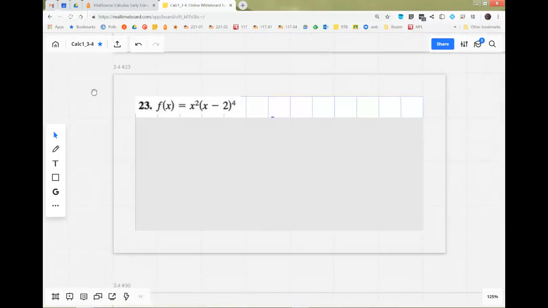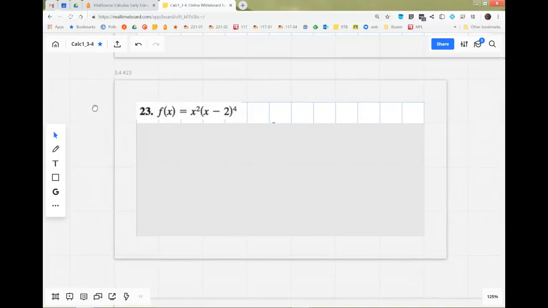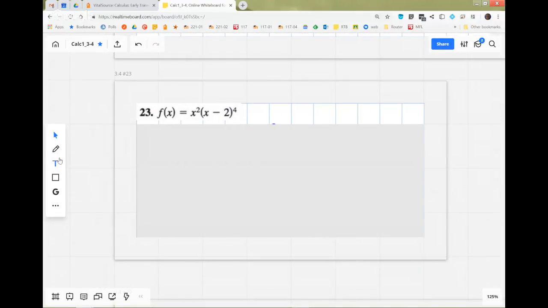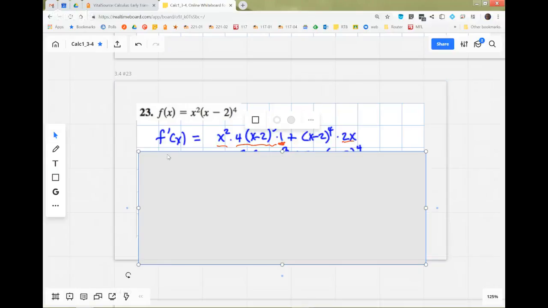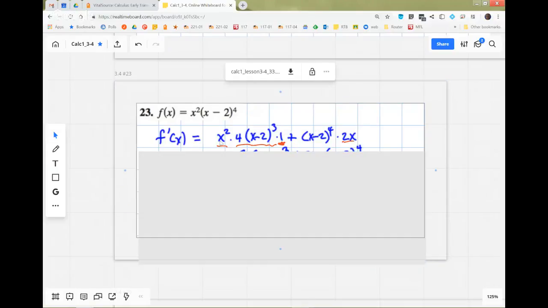Number 23. Overall, what's the outside rule you would use here? Product rule? Yep, product rule, because we have x squared multiplied by x minus 2 to the 4th. So you do the product rule. The first times the derivative of the second.